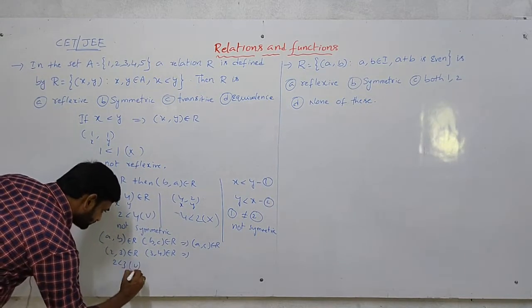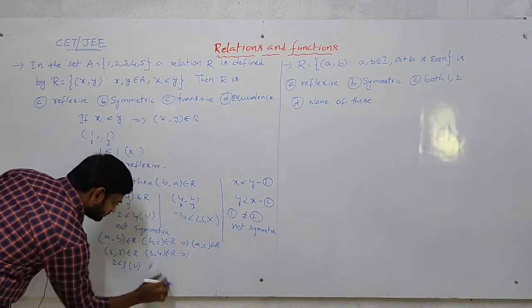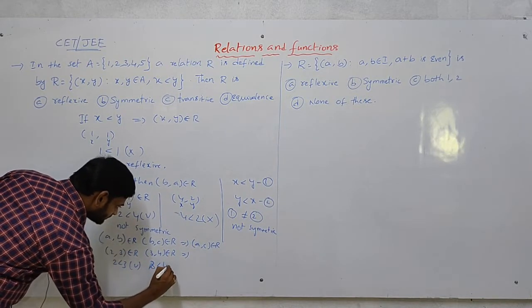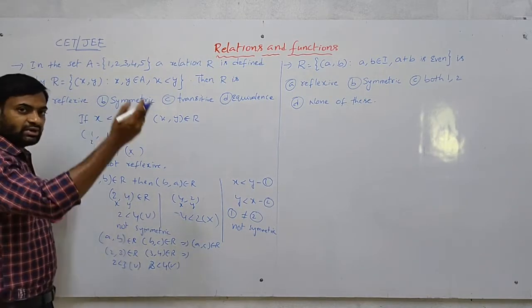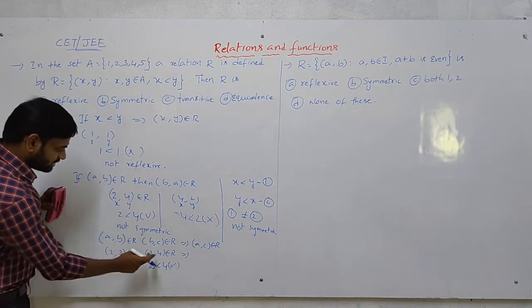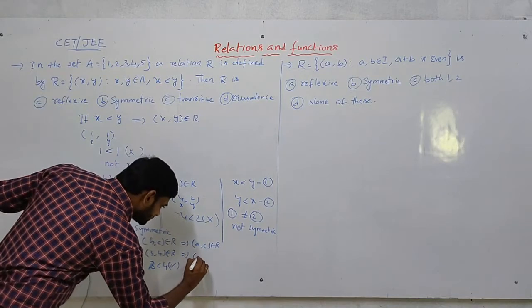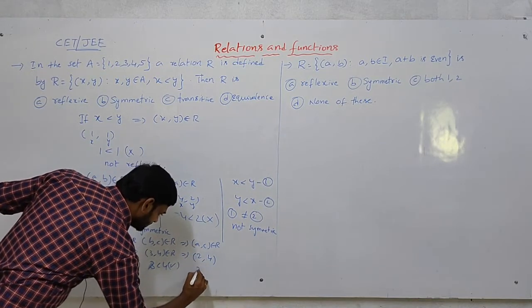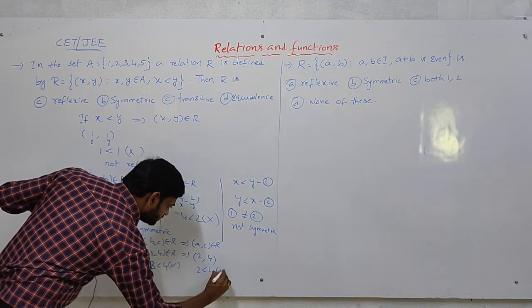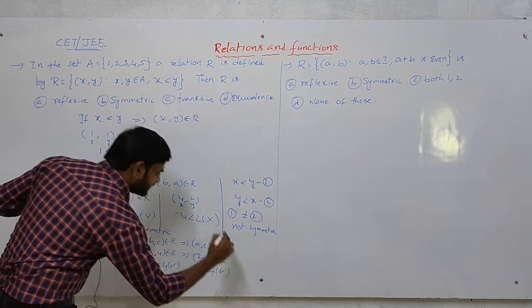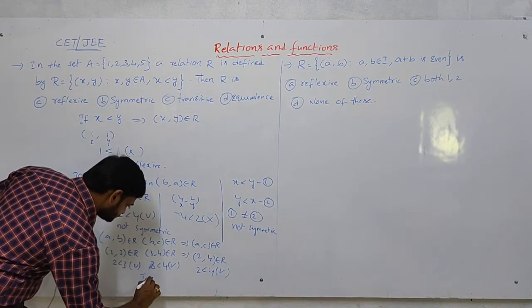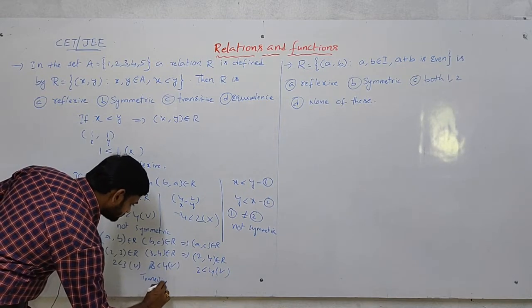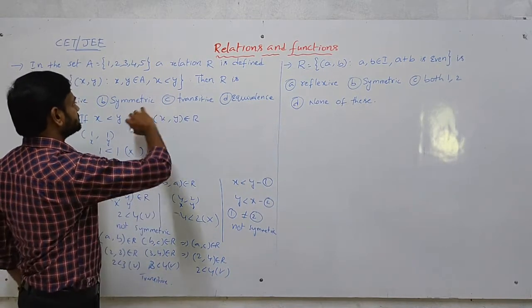Yes. 3 less than 4, yes, correct. Now I am checking (a, c), which is (2, 4). Is 2 less than 4? Yes, correct. So it belongs to R. So it is transitive.